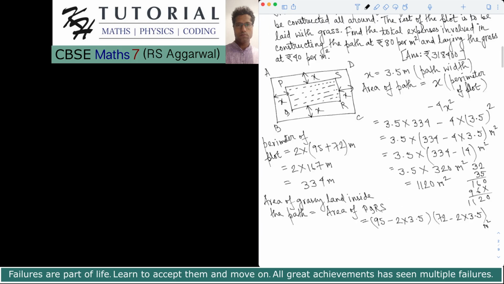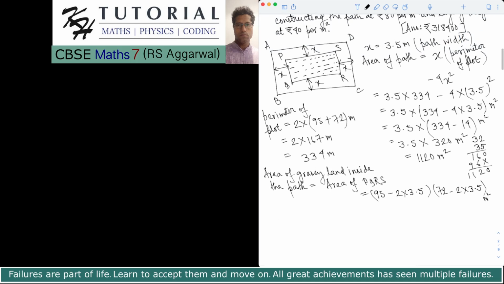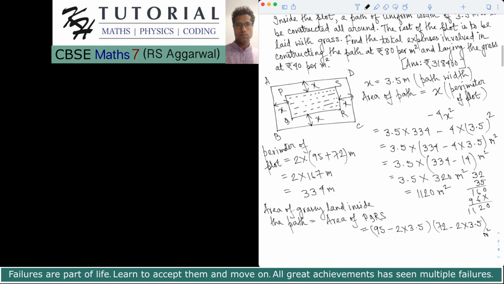This is the area of the rectangle PQRS, or the area which needs to be laid with grass.